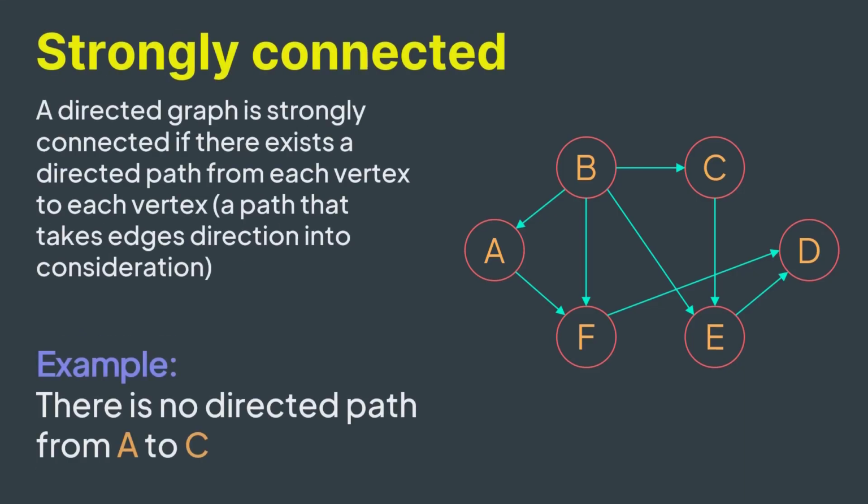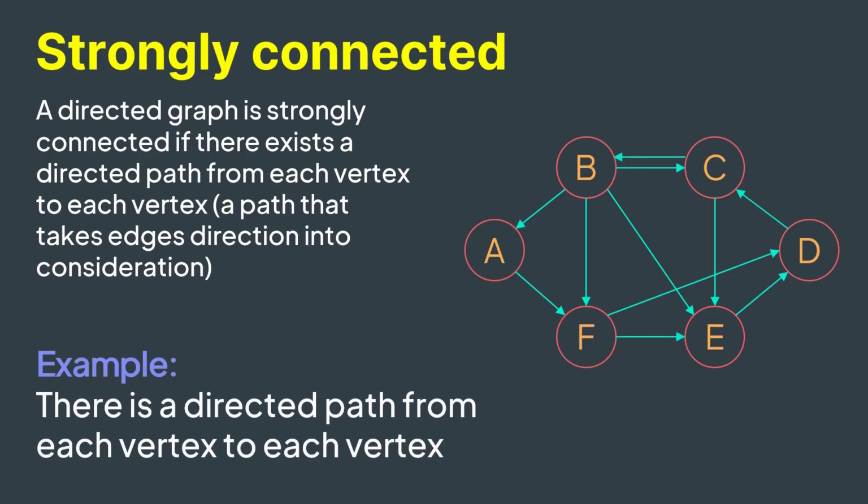And for strongly connected, there must be a directed path from each vertex to each vertex. Here we take edges direction into consideration. For example, this graph is weakly connected, but not strongly connected, because there is no directed path from A to C. But this one is strongly connected. We have a directed path from any vertex to any vertex.